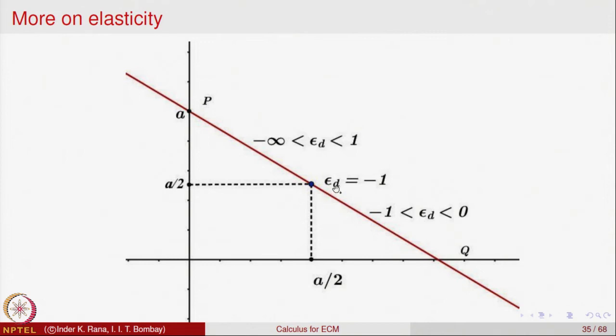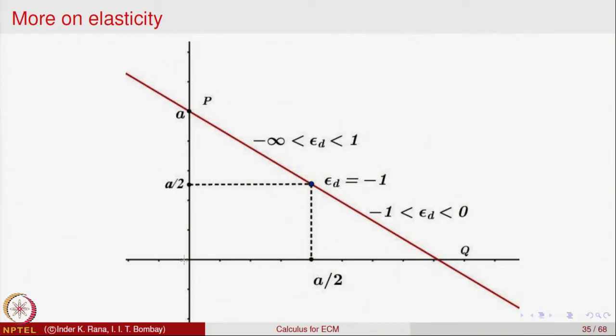It says unit elasticity occurs when the price is A by 2. When the price is bigger than A by 2, it is very elastic. Here it should be minus 1. So, this is a typo here, that should be minus 1.